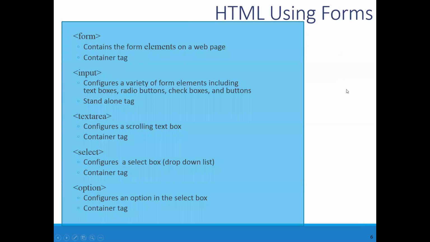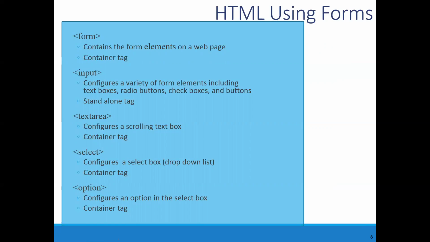So some basic tags that you have to understand. The form is the container that brackets the body of your form on your web page. The input tag is a standalone tag. It's not a container tag; it identifies which type of input or form elements to use in the form.